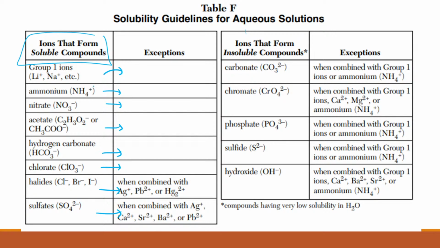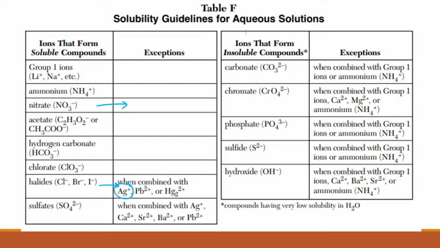It's important to see that these are lined up, right? Just because silver makes an insoluble compound with a halide does not mean it will also be paired with a nitrate. You can't just mix and match. These are lined up on purpose. Nitrate has no exceptions no matter what.